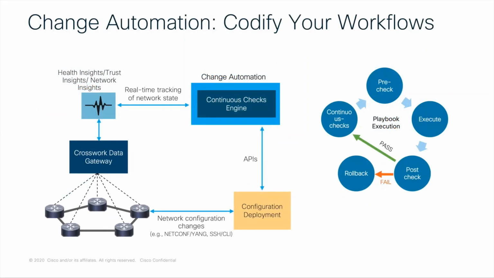When I say corrective actions, what is that? Corrective actions are a set of configuration changes that you want to make on your device when an alert comes in. These configuration changes are driven through playbooks, and playbooks reside on change automation. Change automation helps you codify your workflows.